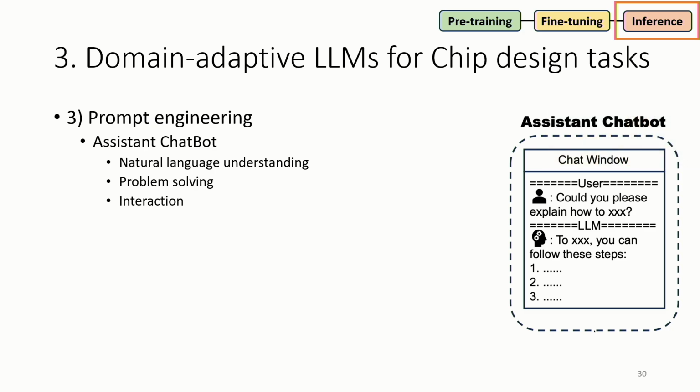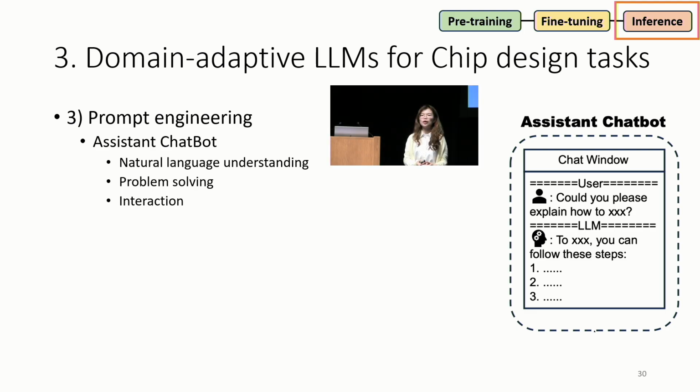For inference, people will think it's easy to directly use the model. But as the data I showed just now, the quality of the prompts you input to the model will highly affect how the LLM works on the task.